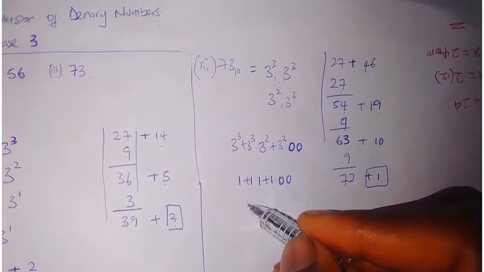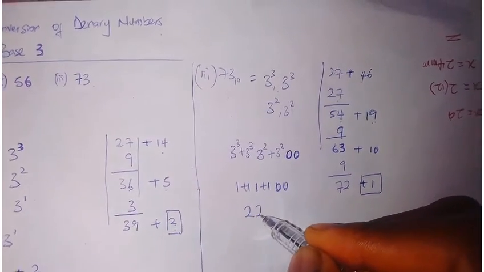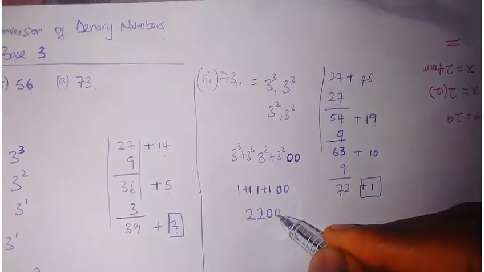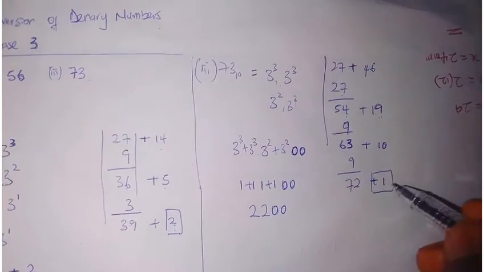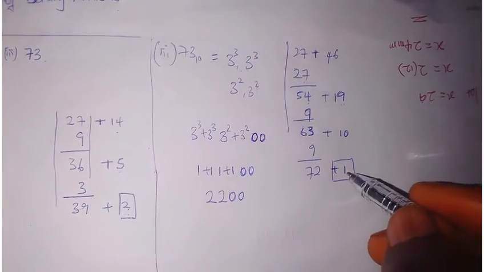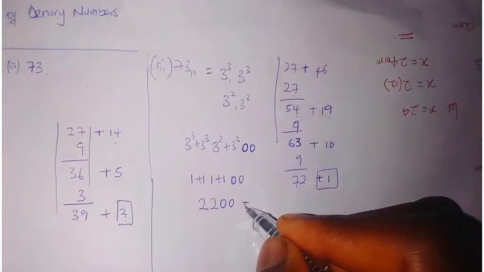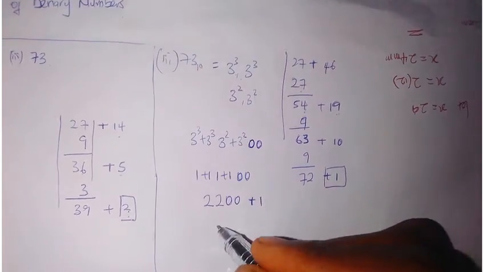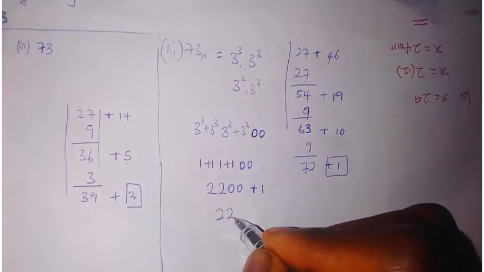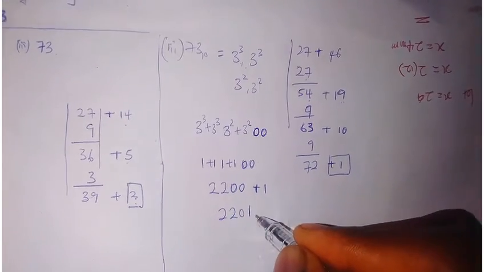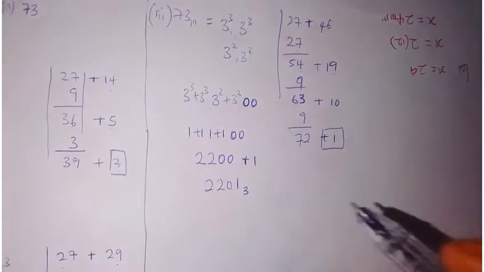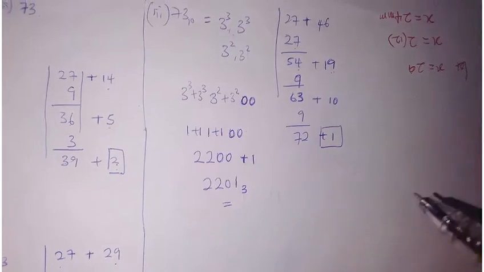Okay, so 1 plus 1 is what? 2. 1 plus 1 is what? 2, 0, 0. Now, remember I have my remainder to be plus 1. So I'm going to be adding the remainder here, which gives me what? 2, 0, 1 is what? 3.